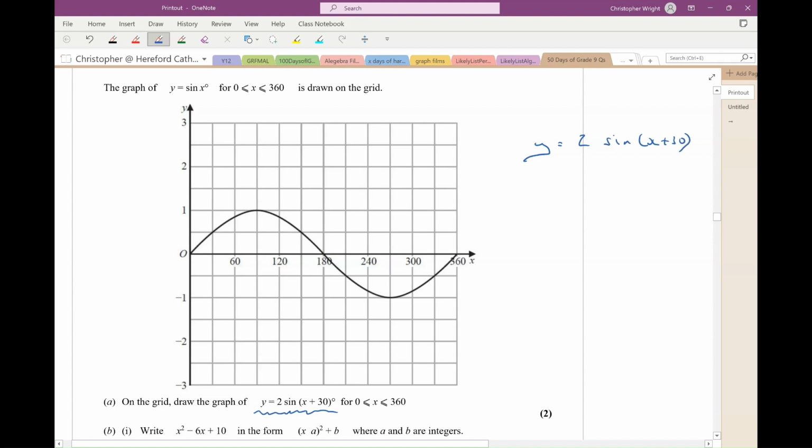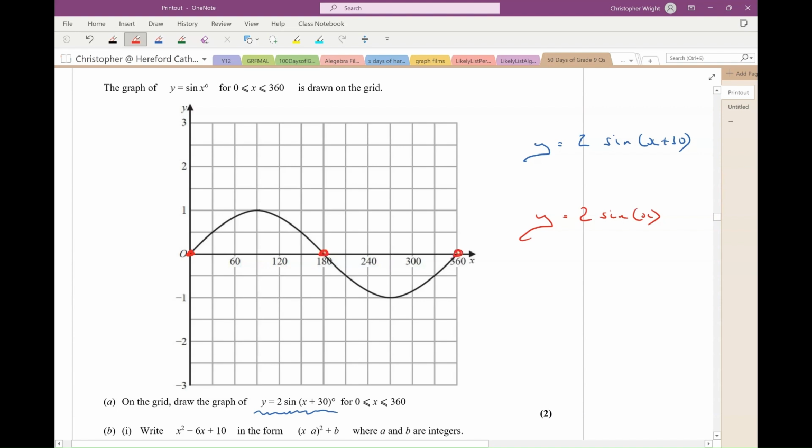Let's first of all imagine that we were being asked to draw the graph of y equals 2 sine x. What would that look like? Each of the values of y would be doubled, because instead of y being sine x, y is now twice sine x. So the zeros would remain at 0, because double 0 is 0.